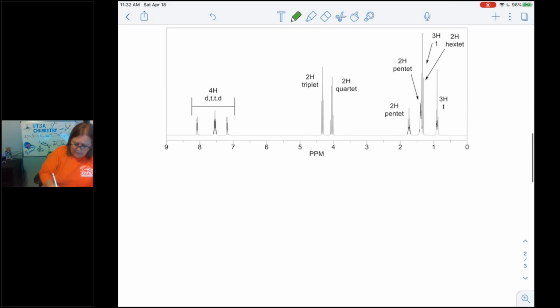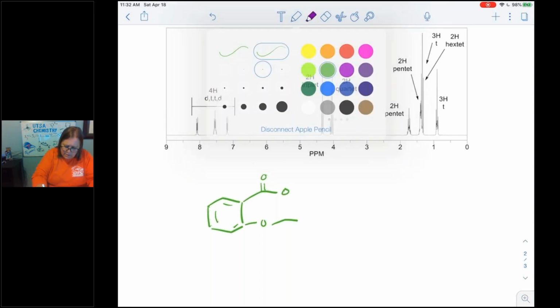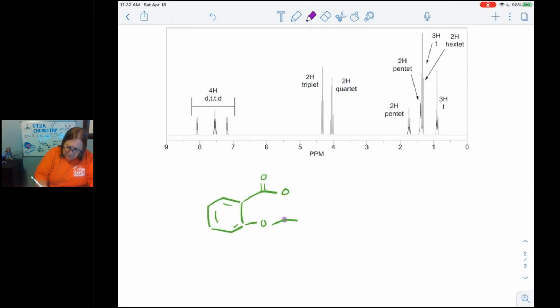So coming back down here, I know that part of my structure is going to be this, because that was a nucleophile. Which means I've got almost everything I need to get this solved. I know that this CH2 is going to be a triplet.